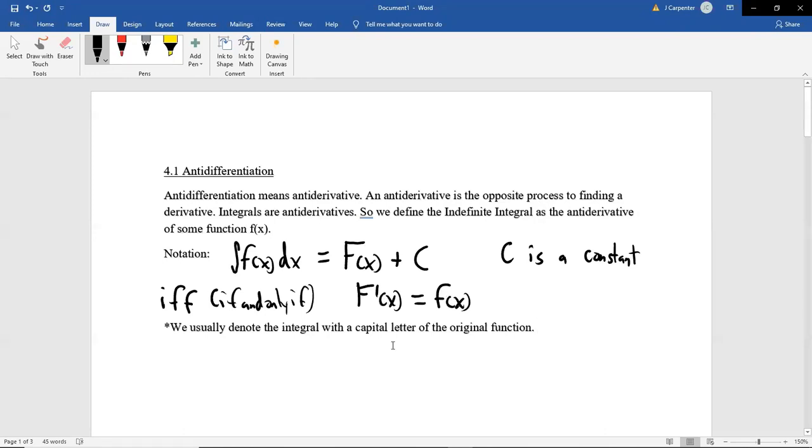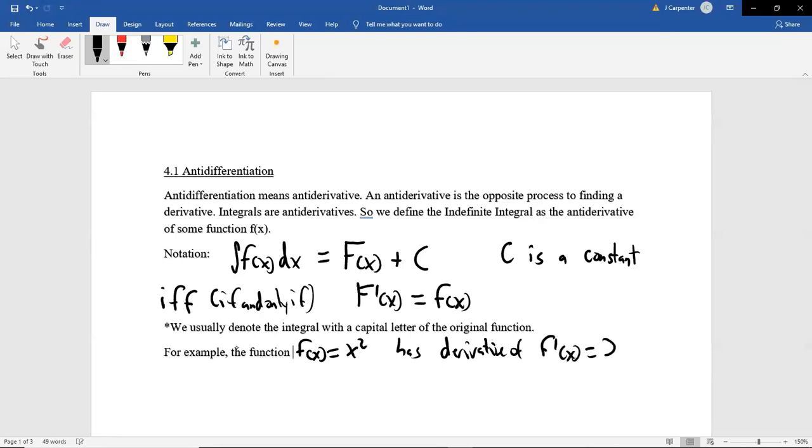Let's try this out. So, for example, the function f of x equals x squared, let's go back to what we were talking about earlier, has a derivative f prime of x equal to 2x.